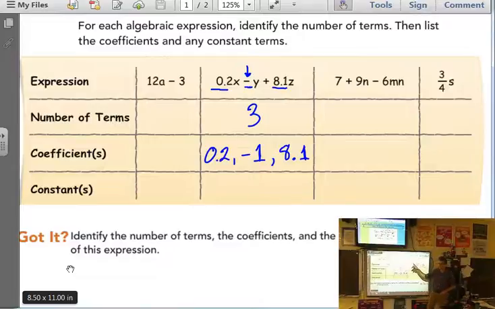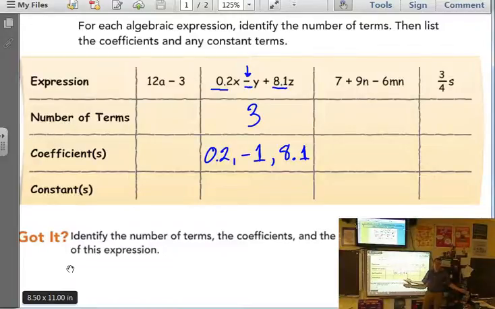So here, what's my constant value? Casey, do you know? That's a coefficient. It multiplies. So since it's attached to the variable, 0.2 itself is a constant, but in our expression, it's attached. It turns into a variable term. Our -1, it's attached, turns into a variable term. The 8.1, it's attached.